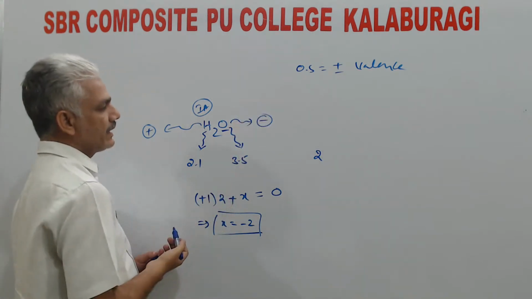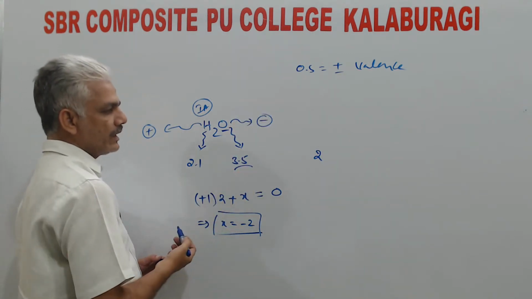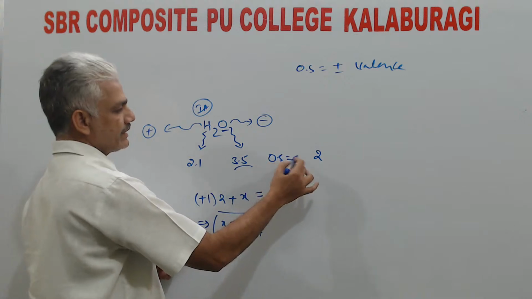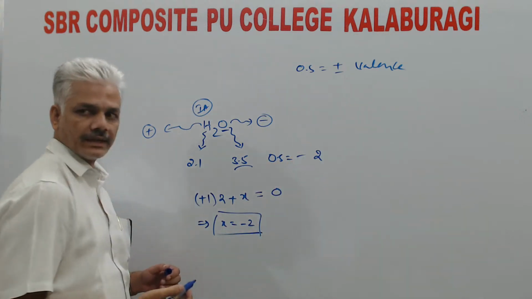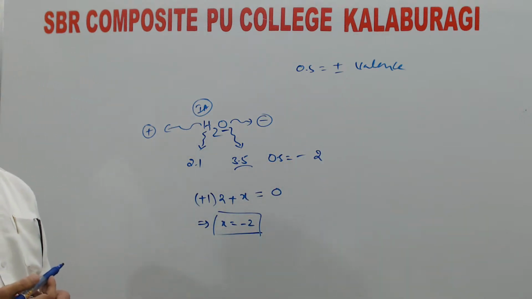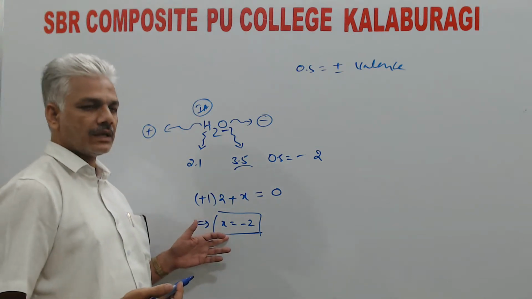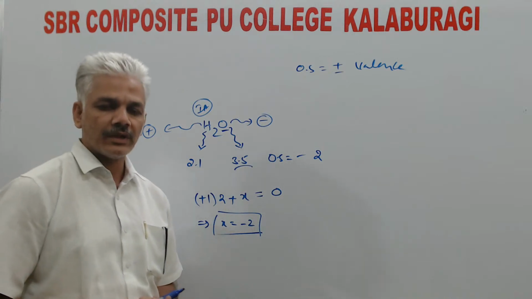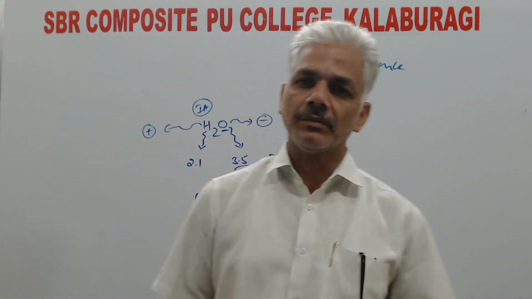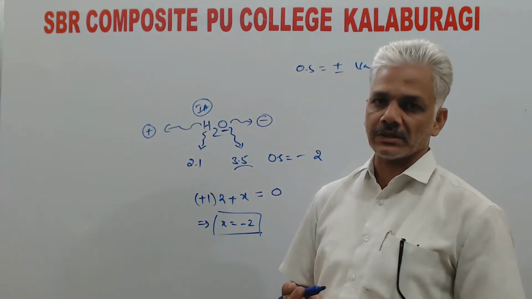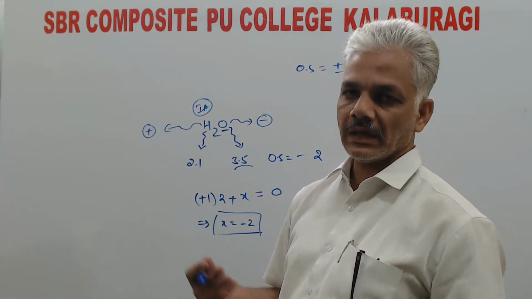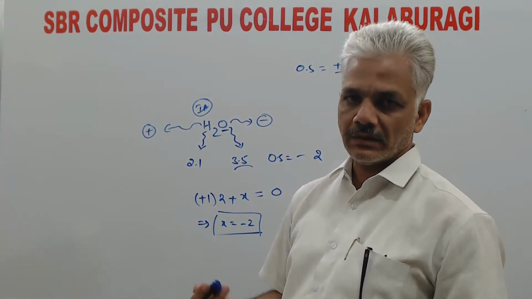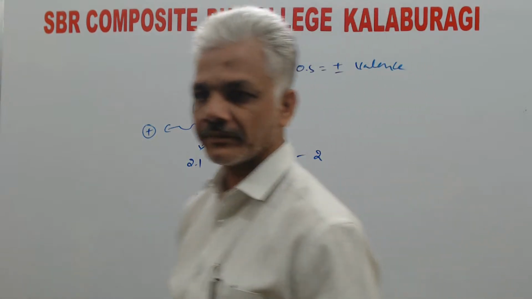Being more electronegative, the oxidation state is simply a negative sign followed by the valency value. Like this you can calculate, and there are a number of examples in the topic basic concepts of chemistry. Once you go through it, and if you get any doubts, you can always come back.